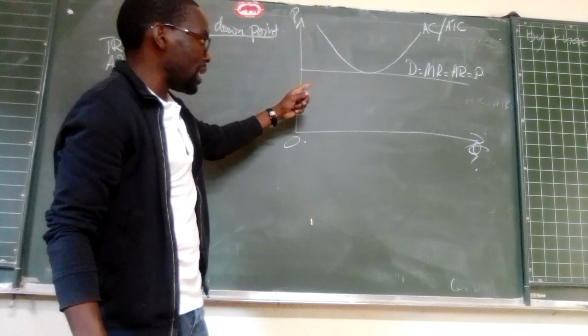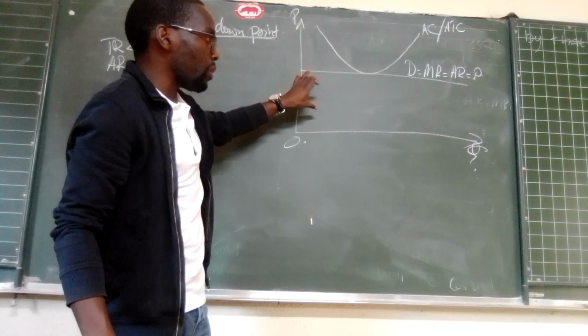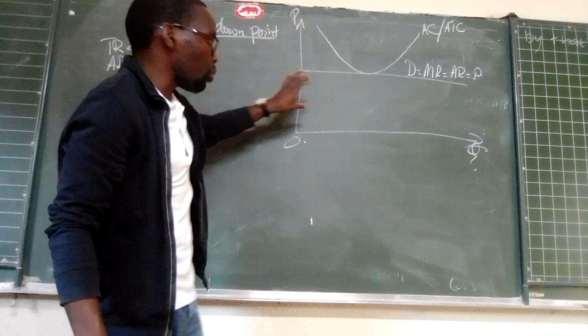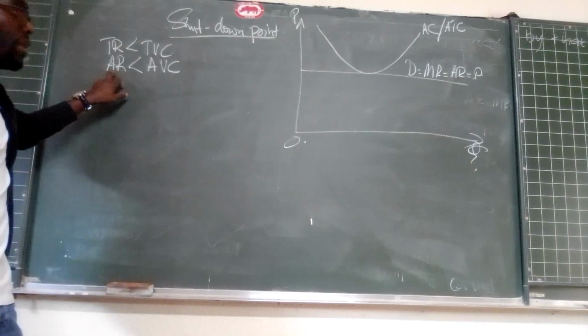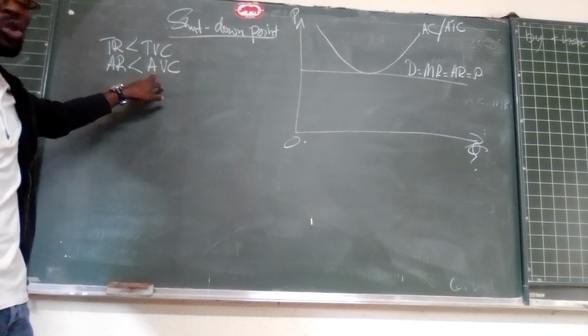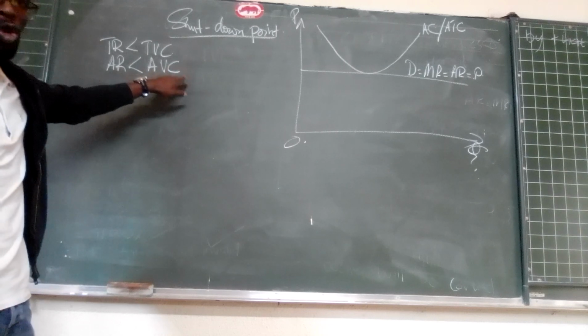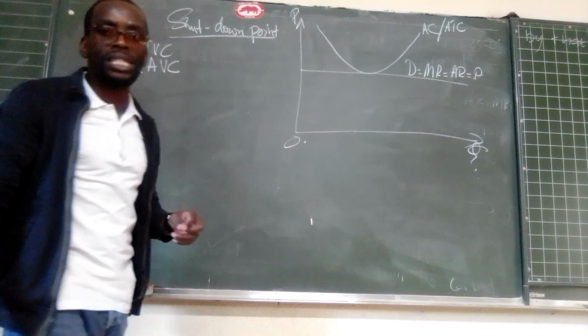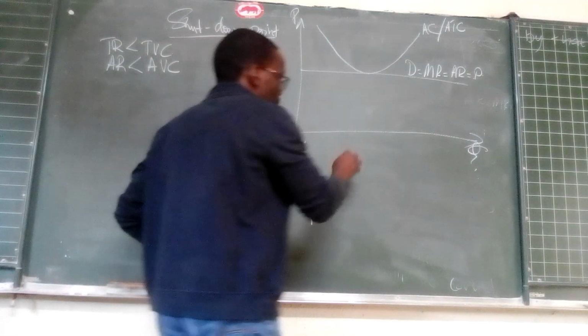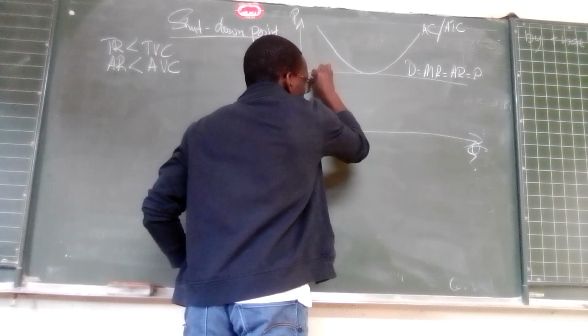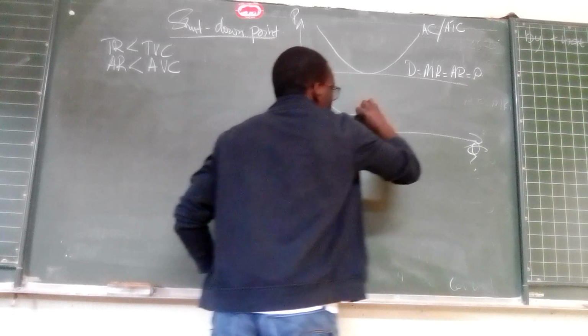Now it would mean that when we say the shutdown point, in this case it is when the firm's average revenue is not enough to cover the average variable cost. So now we need to see where the average variable cost is. Our average variable cost, learners, is lower than our average total cost.